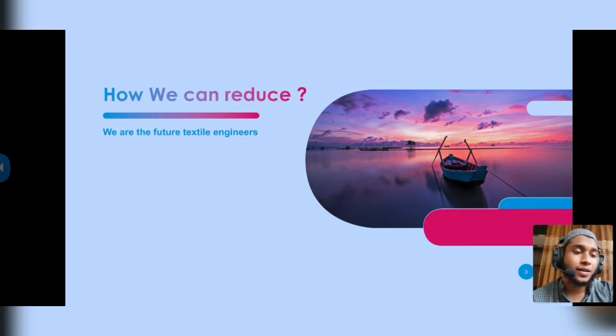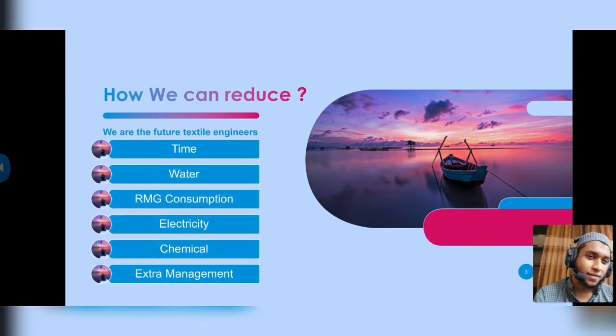So how can we reduce? If I talk about the time, in this case we can use machineries which take less time compared to conventional systems. On the other hand we can make a committee who will observe where we are taking much time, where we can minimize time.